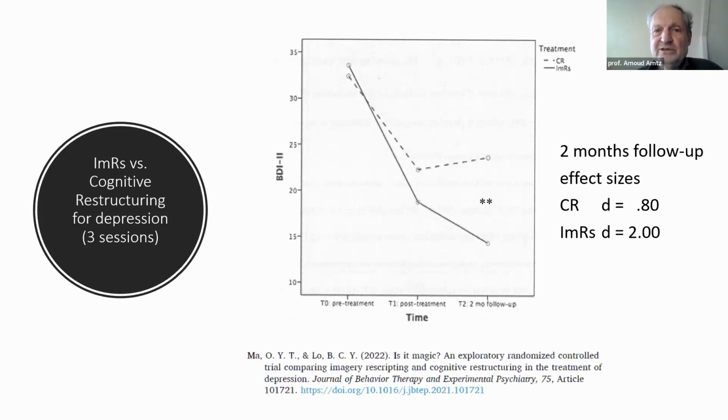And what you see here is that initially there is only a tendency, a trend, there's no significant difference, but at a 2 months follow-up, there's a very powerful difference between cognitive restructuring, the dotted line, compared to imagery scripting on the BDI, the Beck Depression Inventory. Effect sizes are very strong again for imagery scripting.